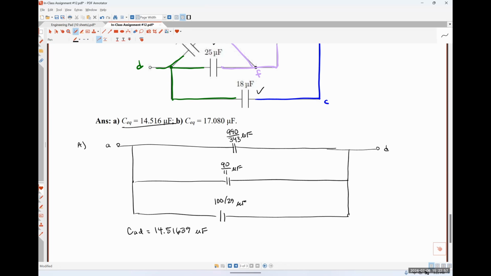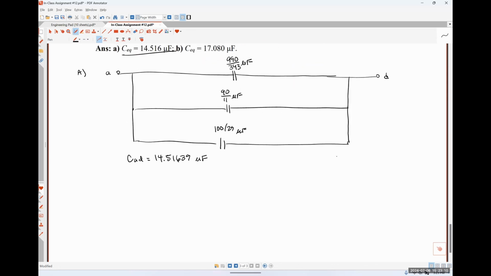So whenever we're combining capacitors, we have to remember that they combine opposite the way that we would expect for resistors and inductors. Okay. All right, so let's look at part B really quickly.